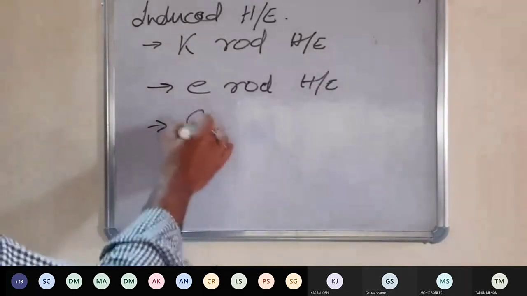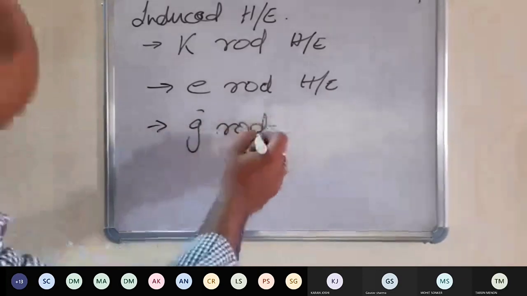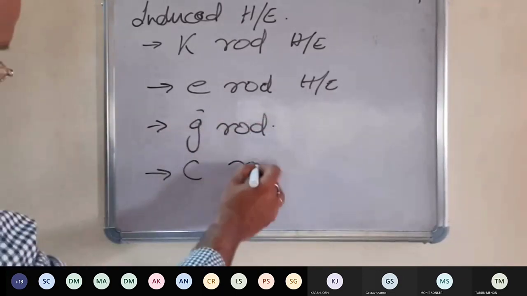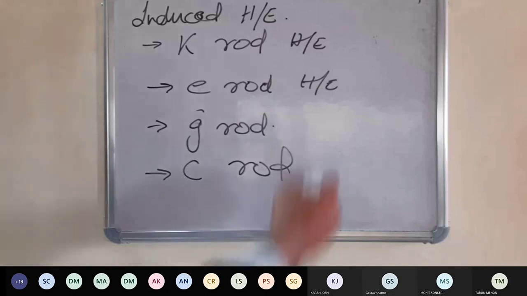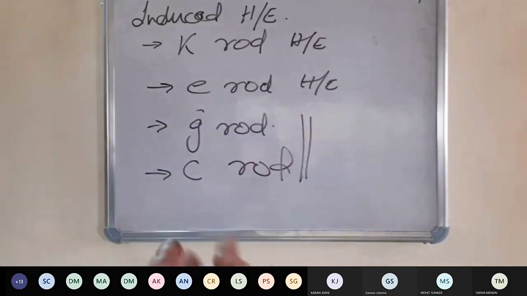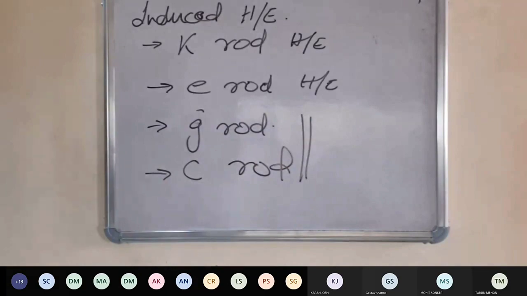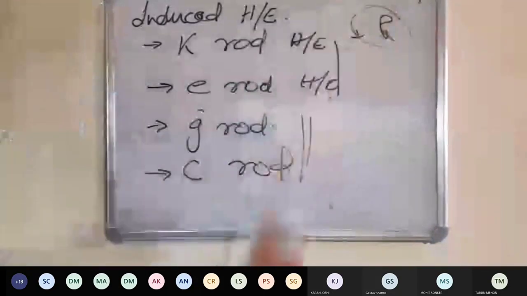It can happen because of G rod. It can happen also because of C rod. But these two have a very mild effect, which can be neglected. More prominent will be this and the R component.